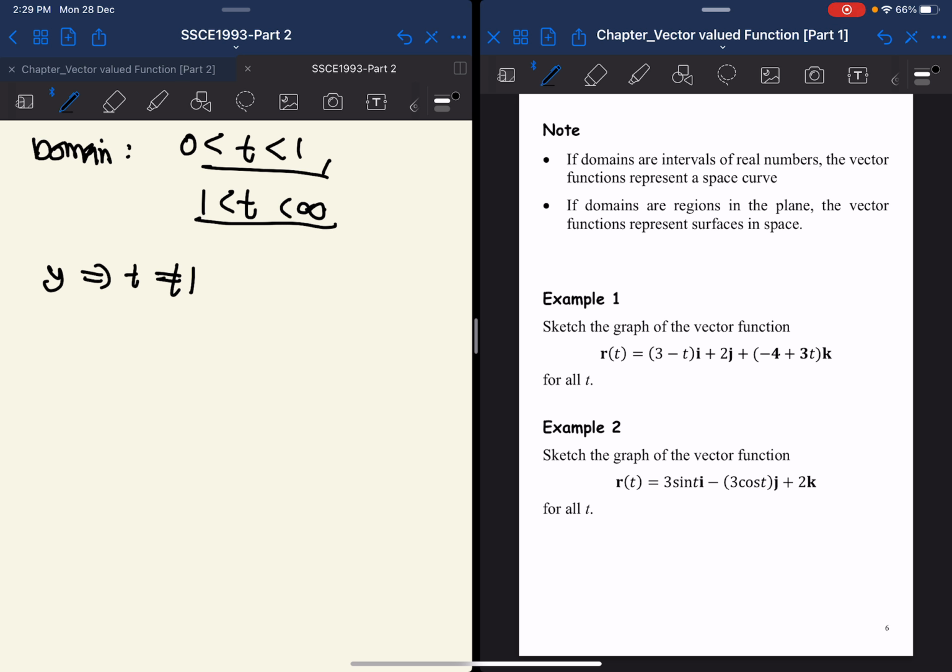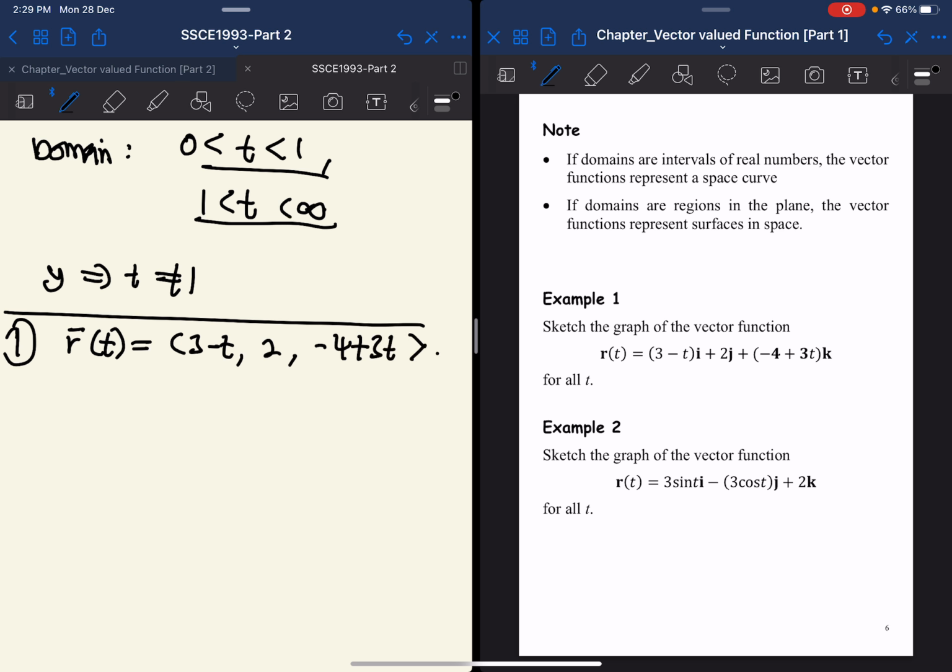So let's see the first example. For the first example, the component for r(t) that we got is 3 minus t, 2, -4 plus 3t.